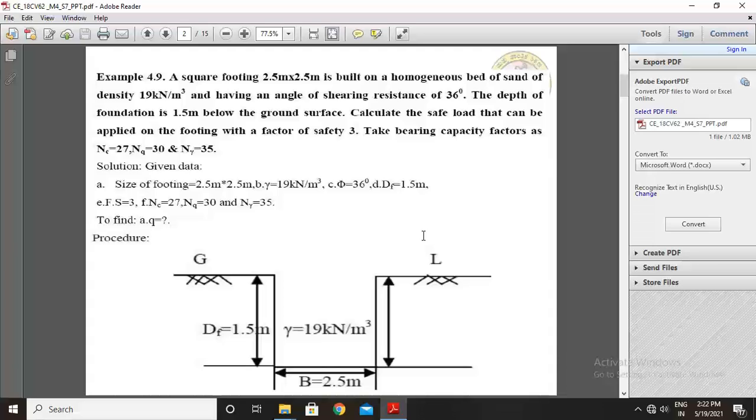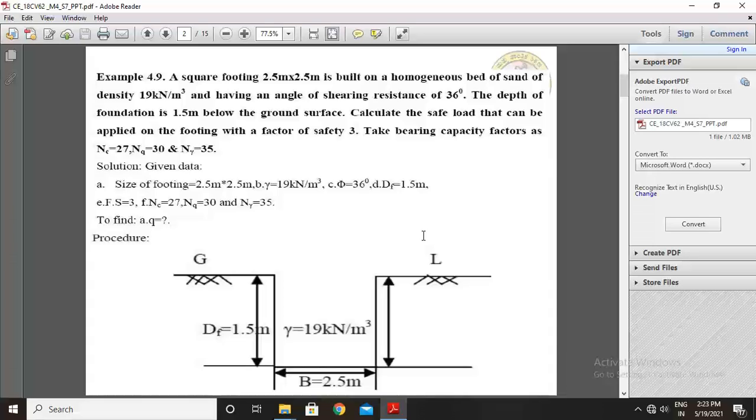A square footing 2.5 meter by 2.5 meter is built on a homogeneous bed of sand of density 19 kilonewton per meter cube and having an angle of shearing resistance of 36 degrees. The depth of foundation is 1.5 meter below the ground surface.